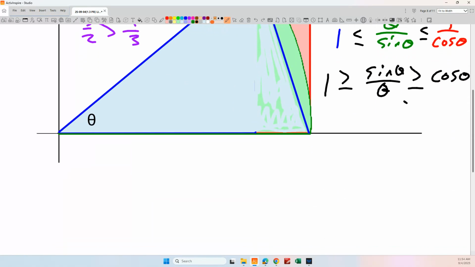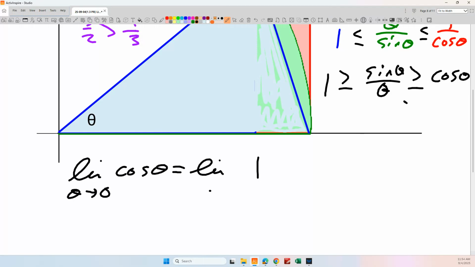We know that the limit of cosine theta as theta approaches 0 equals the limit of 1 as theta approaches 0 equals 1. Right? So by the squeeze theorem, what does the limit of sine theta over theta have to equal? 1. Oh, we got it.